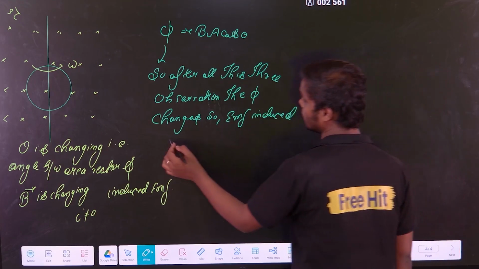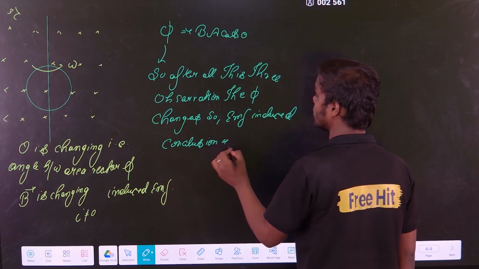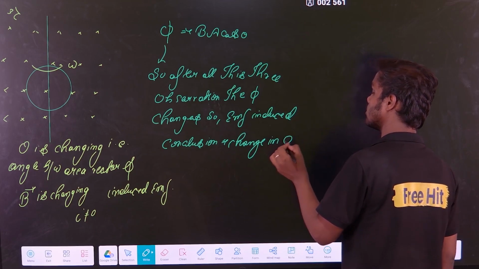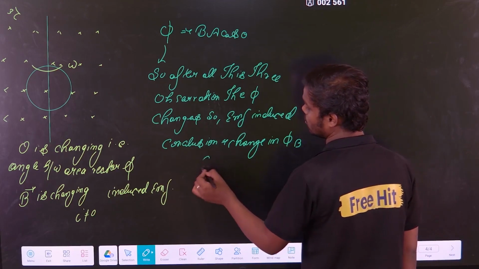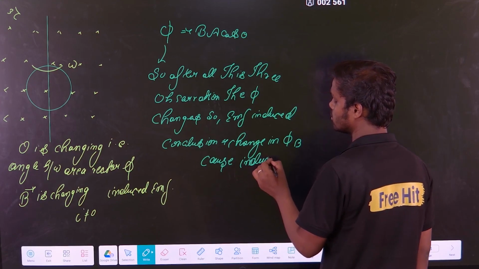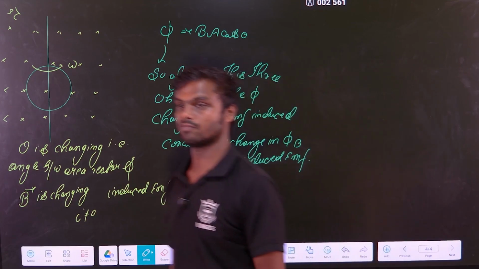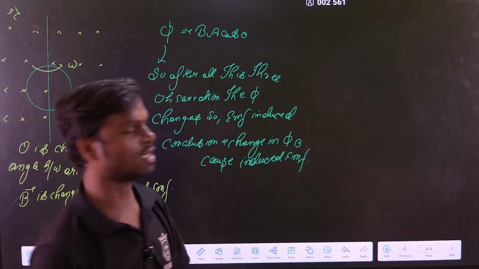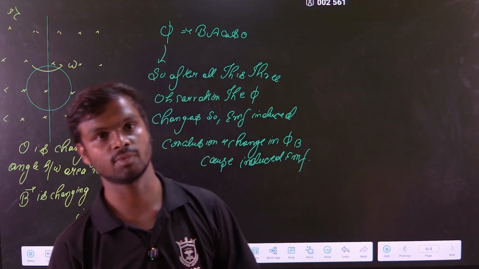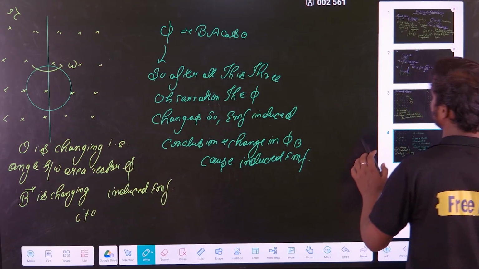So what is the conclusion? Conclusion: a change in magnetic flux, change in phi B, causes induced EMF. That is the conclusion we have obtained. Whenever there is a change in magnetic flux, an EMF will be induced, and that is the conclusion we have drawn from this experiment.